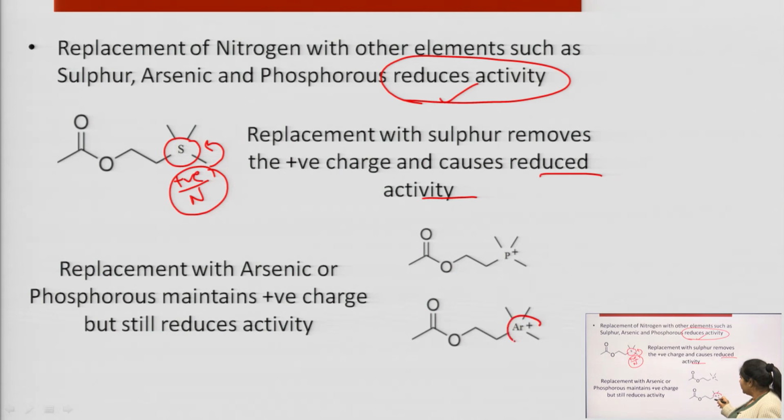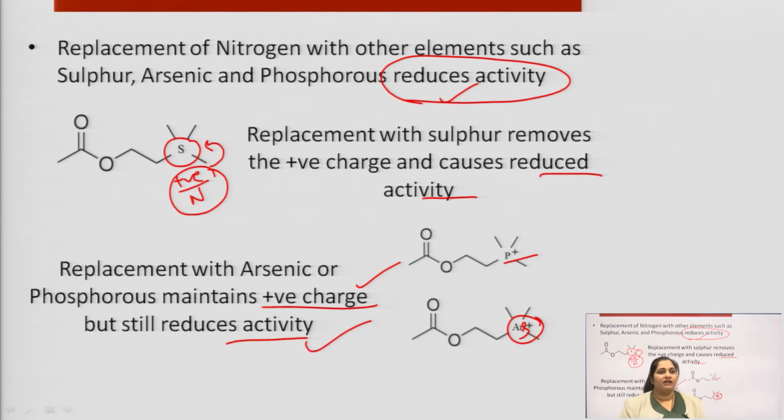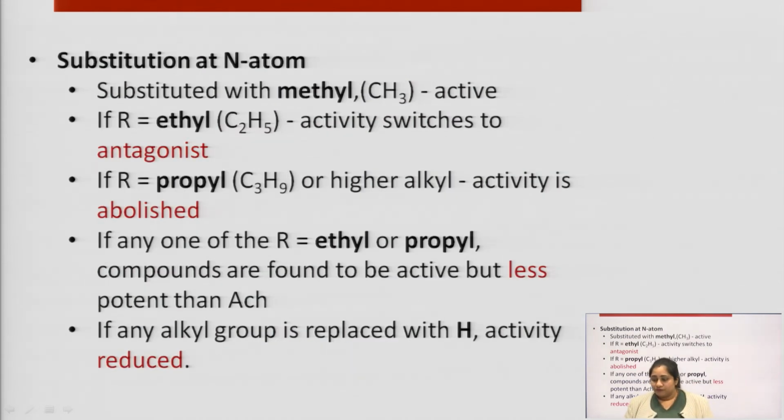If we introduce arsenic or phosphorus, that maintains the charge, but still the binding affinity is not sufficient to produce the same action as that of acetylcholine, and hence the activity is again reduced when we have replaced the nitrogen atom. So nitrogen is essential, and replacing the nitrogen atom with any other atom reduces the activity.